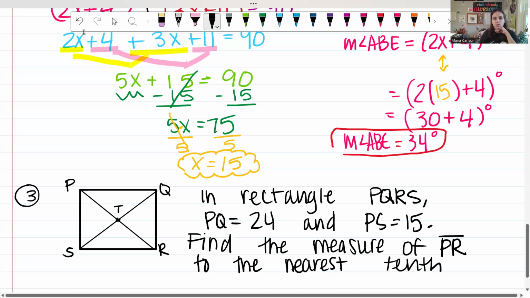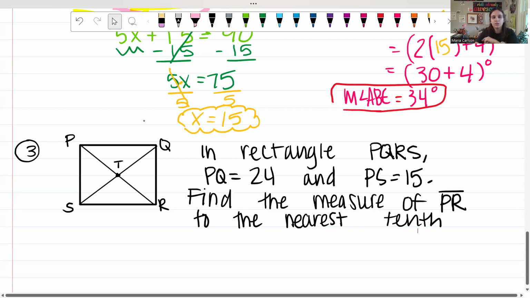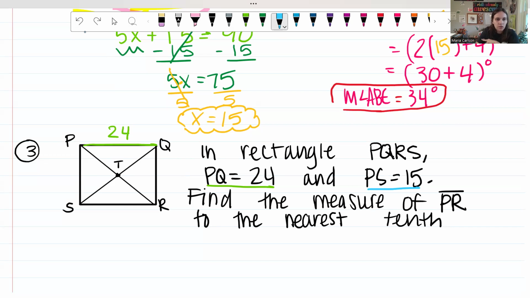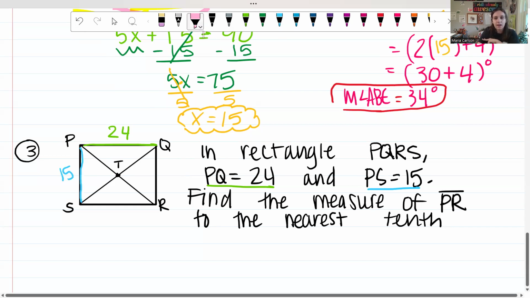Okay, so here's our rectangle. We know PQ is 24, so this side length here is 24, and PS is 15. Our goal here is to find the length of segment PR, which is a diagonal.